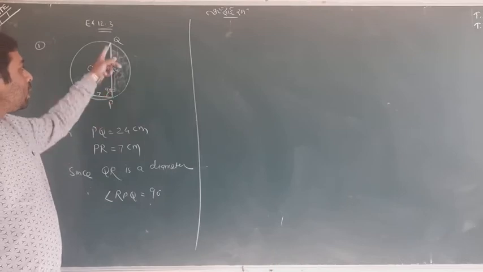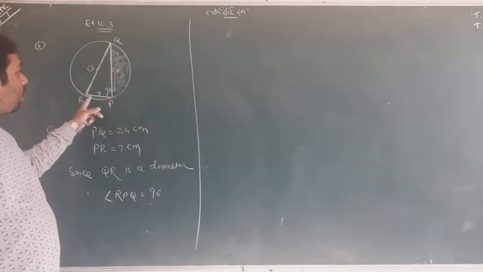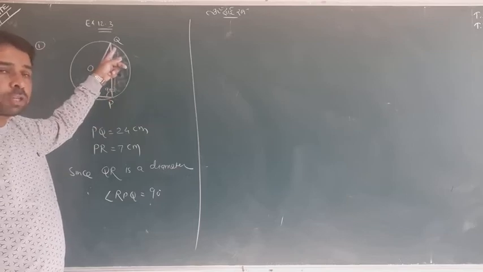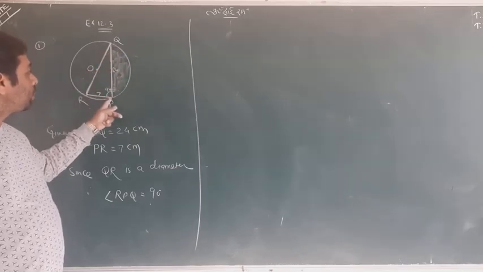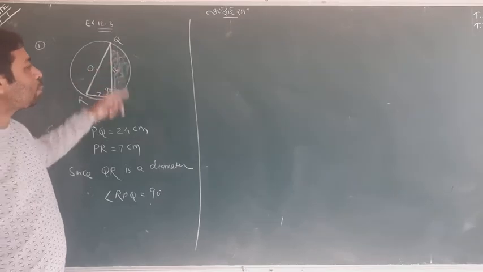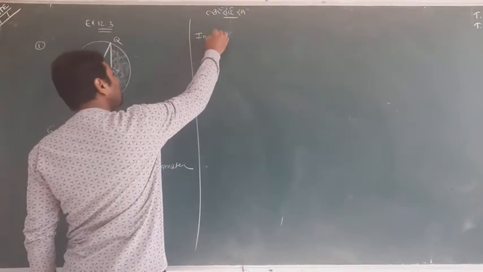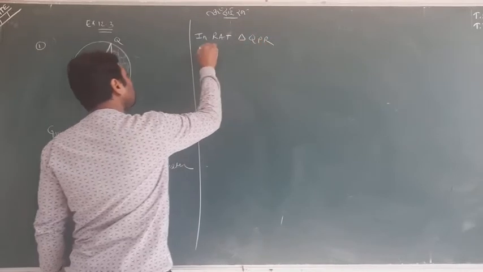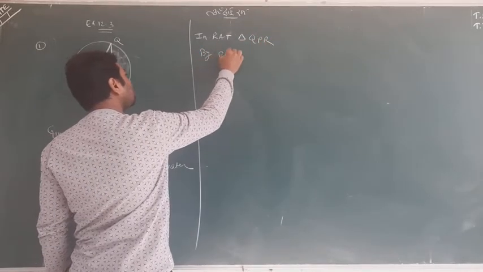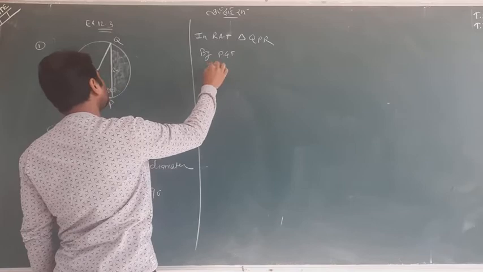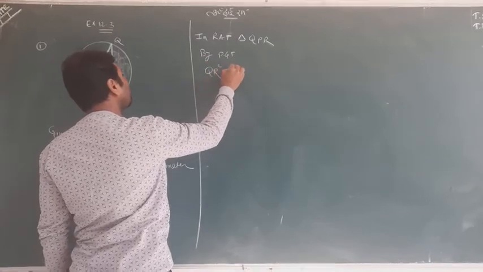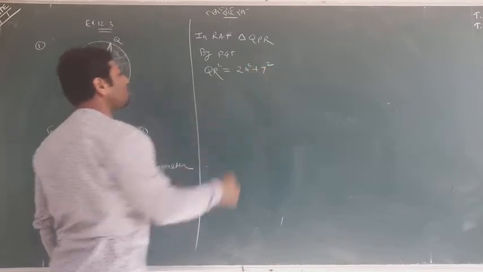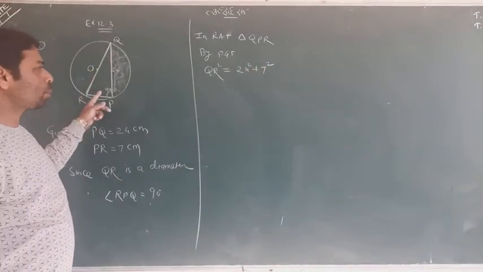After showing 90, I will take triangle QPR, which is a right angle triangle, and I will use the Pythagoras theorem, where this is perpendicular and this is base. I will find the hypotenuse. In the right angle triangle QPR, by Pythagoras theorem, QR hypotenuse square equals 24 square plus 7 square, perpendicular square plus base square.